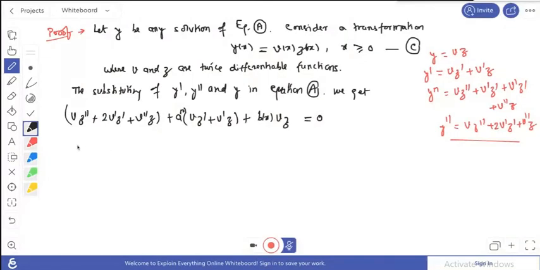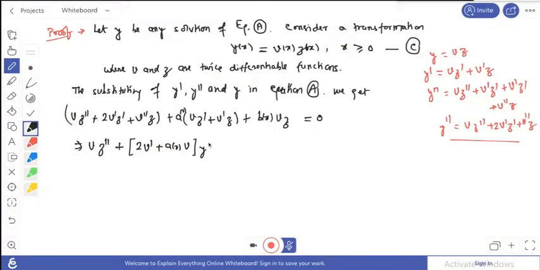Now we write this in the form of z double prime. So this equals v z double prime plus, what is the coefficient of z prime? z prime is here and z prime is here. Adding these two, this becomes 2 v prime plus a(x) v.